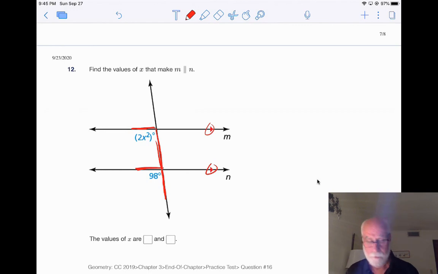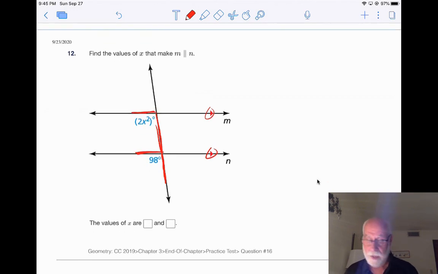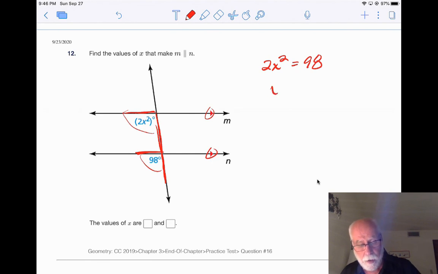Don't forget that. So if that is the case, then we know for those to be parallel that 2x squared has to equal 98. So off to the side here, we're going to say that 2x squared is equal to 98. Okay, when I divide by 2, I'll get that x squared is equal to 49.